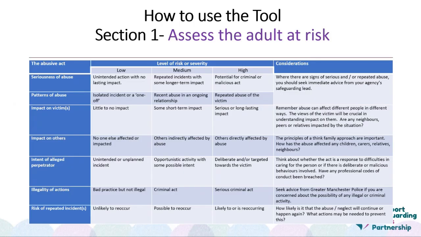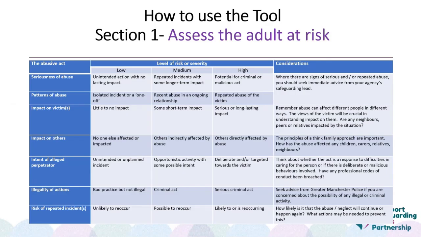So the first section in the tool looks at how we assess that adult at risk. In this section, we look at the abusive act and the level of risk or severity. So we're looking at the seriousness of abuse. Are there any patterns of abuse? What is the impact on that victim? What's the impact on others involved?